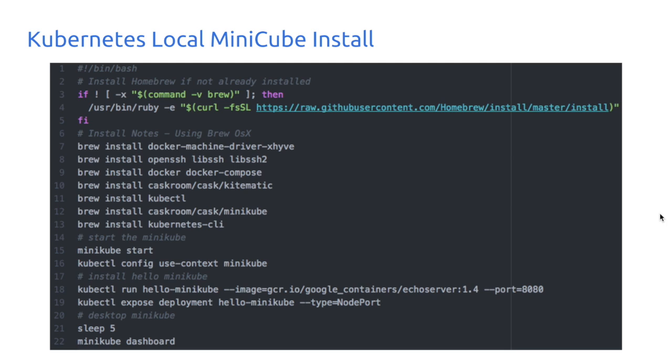So we're putting in an image. That image is just the Hello Minikube image, so it's for testing. And it literally runs a counter and just says Hello Minikube. And then you expose that deployment, Hello Minikube, and the node port, which we got on 8080 here.